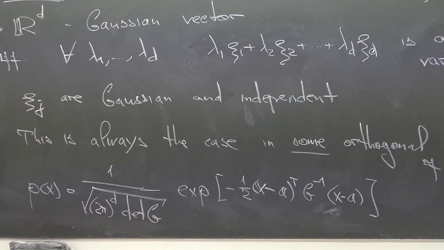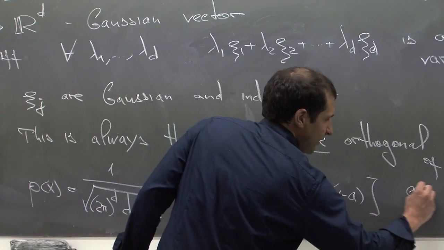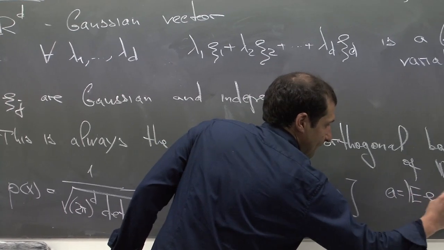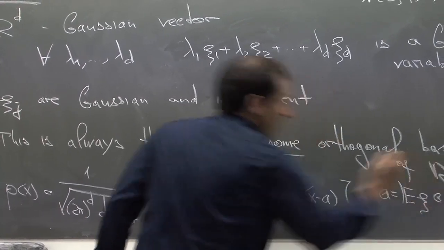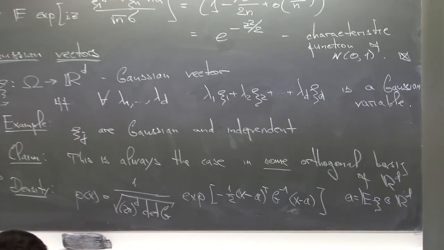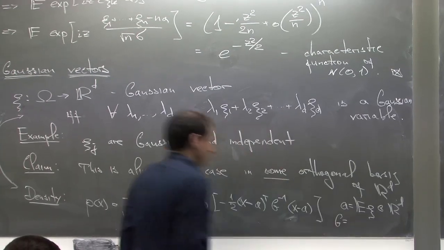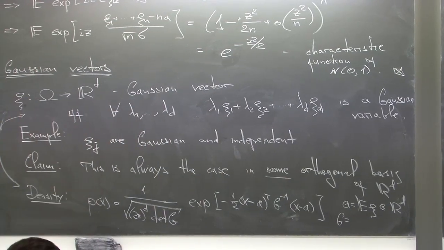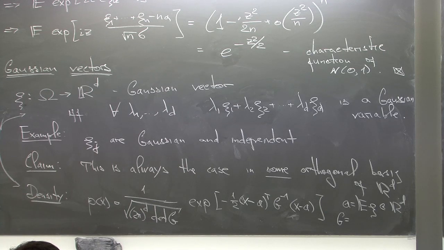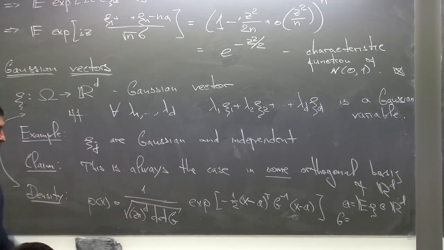So what is what here? A is the mean value. This is a vector in R^d. And G, well, this is again a simple exercise. Actually, this is the covariance matrix of these random variables.